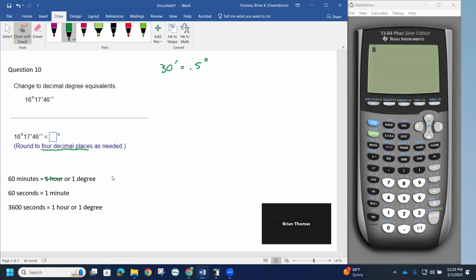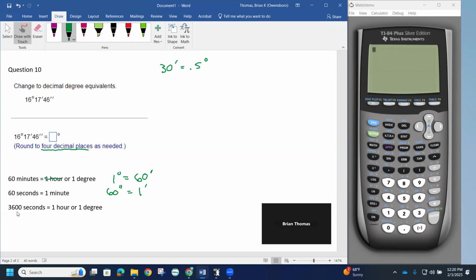And remember our degree symbol, 1 degree would be 1 degree. And for 60 minutes, we use this notation here, like an apostrophe. So 1 degree is the same thing as 60 minutes. 60 seconds is the same thing as 1 minute. But 60 seconds is written with quotes, and 1 minute would be like one tick mark.